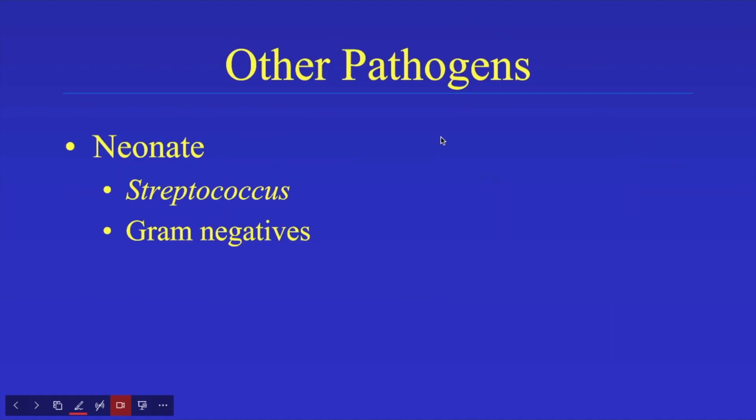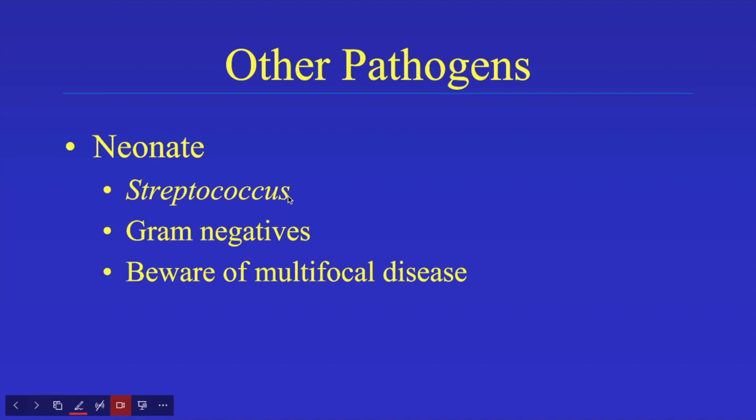What are some of the other pathogens? In neonates, we have Streptococcus, group B Streptococcus very specifically, and some gram-negative organisms. Kingella kingae and other organisms can also cause it.